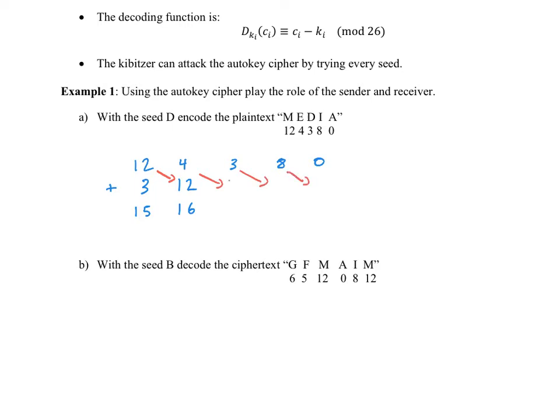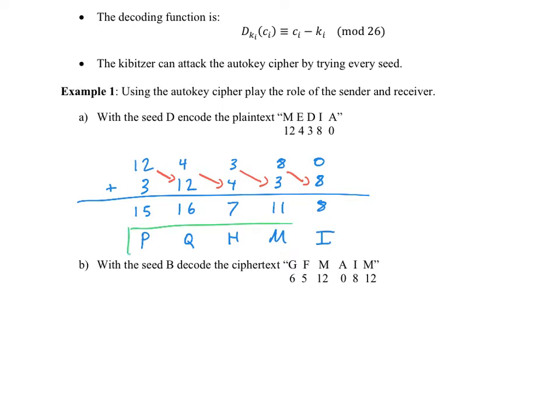So we would get 4, and underneath the 8 we get a 3, and underneath the 0 we get an 8. And our job is to add all of these together. So we'd get 7, 11, and 8. So our letters in our ciphertext would turn into a P, and a Q, and an H, and an M, and an I. So that's the ciphertext that we would send away to our receiver.